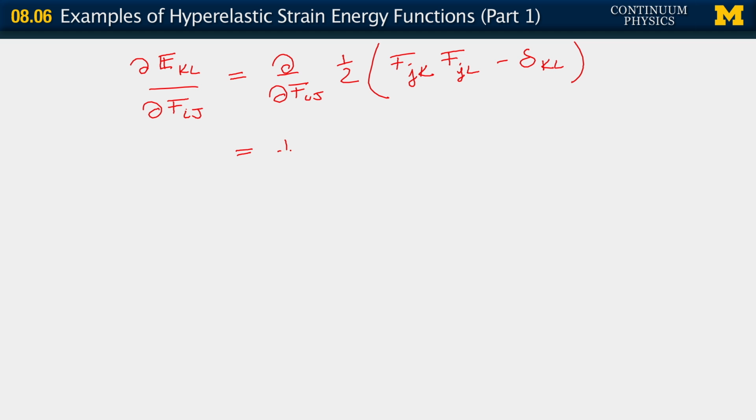It's not difficult to calculate: we apply the product rule, and remember that these sorts of derivatives throw up for us the Kronecker delta.